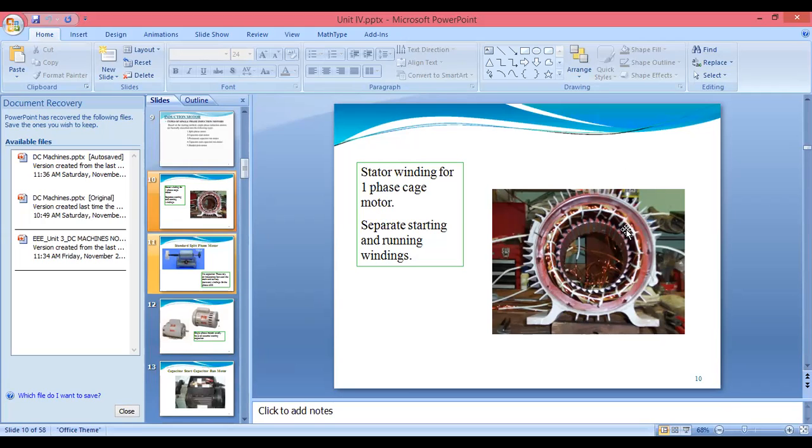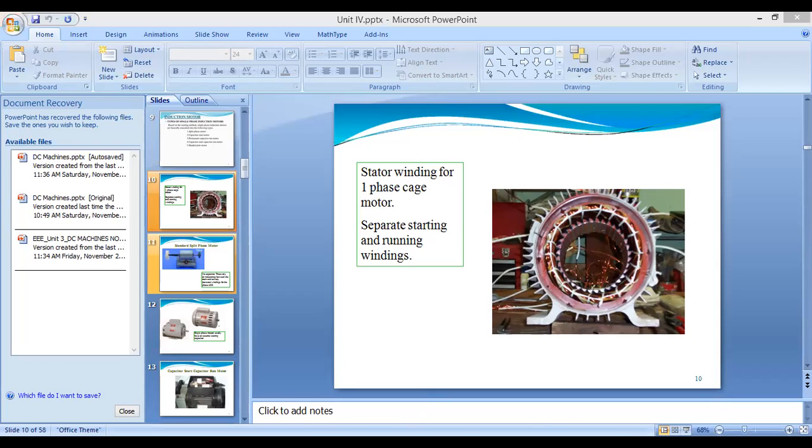About the stator frame, we can say it is the outermost covering of the AC machine. It acts as a covering and it will also give protection. It will give mechanical strength to all the internal parts of the AC machine. The same we have seen in the DC motor. The same thing will be applicable here.